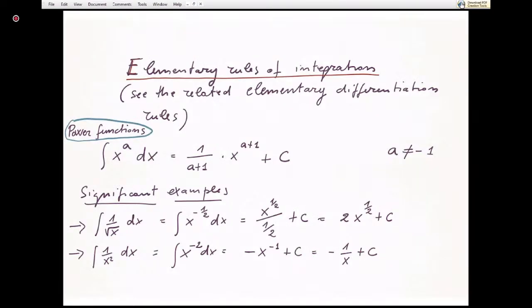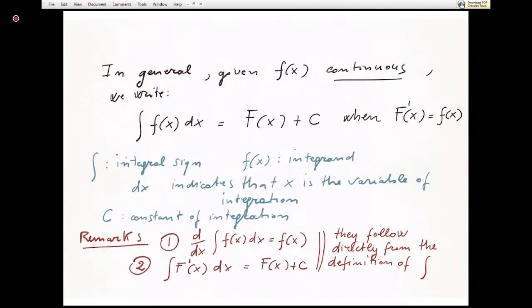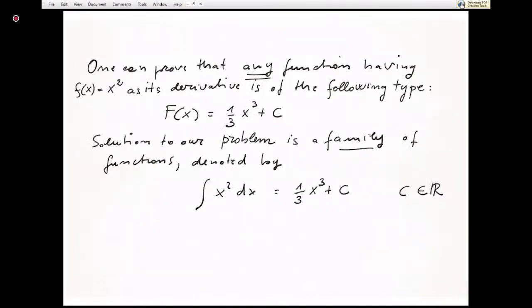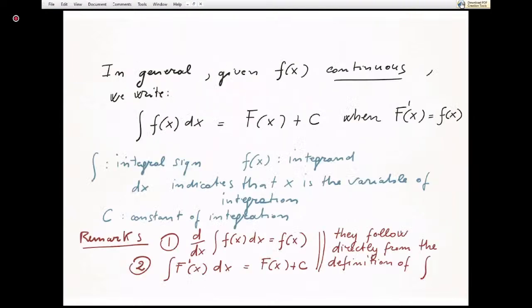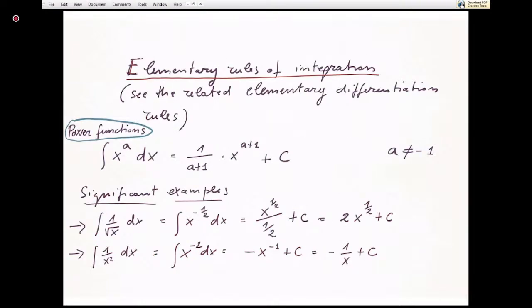Okay, so now we know that indefinite integral means finding the primitives or antiderivatives of a function. Given this, it's not difficult to try to write down a few simple rules of integration, okay? Any of these rules can be just checked.